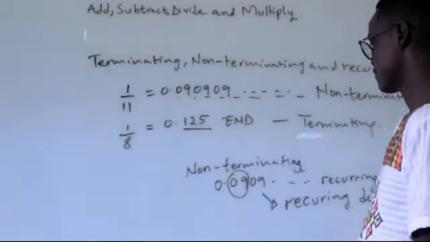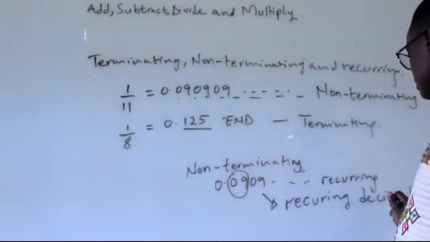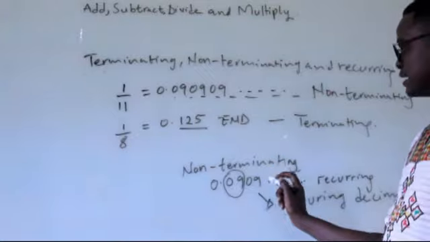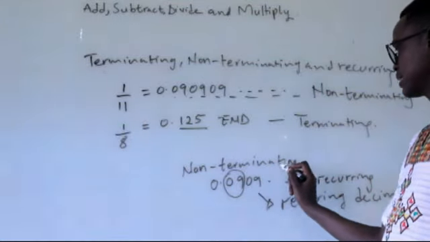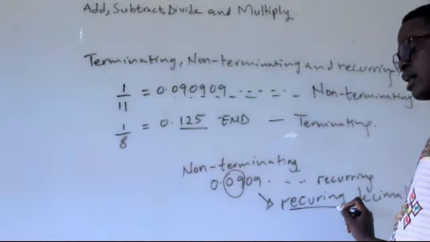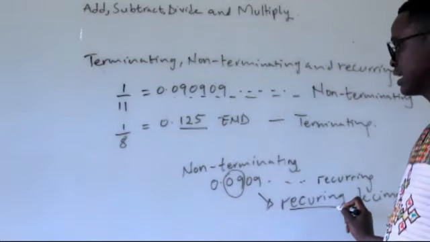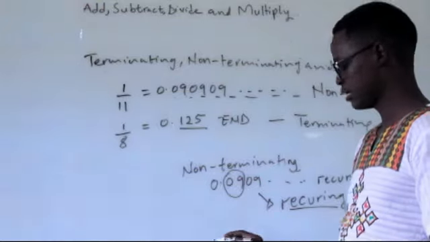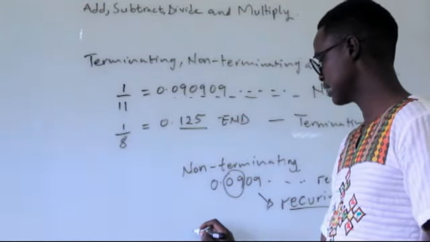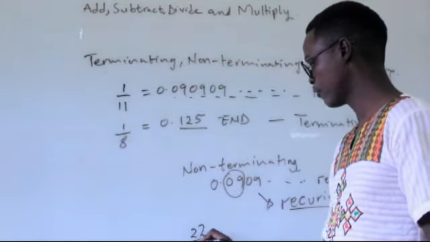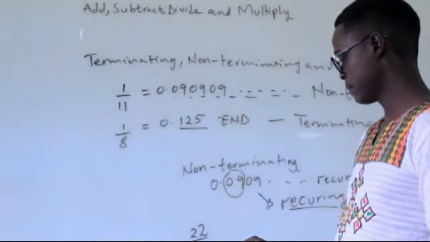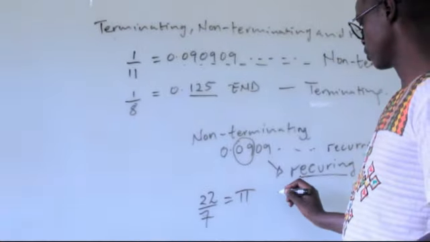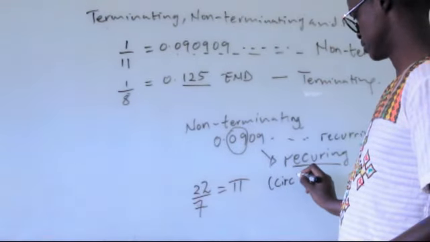Okay, so I want you to notice the difference, that there could be decimals that are non-terminating and are recurring. However, we also have decimals that are non-terminating but are not recurring. For example, we have looked at a number like 22/7. Remember, this is called pi in the knowledge of circles.